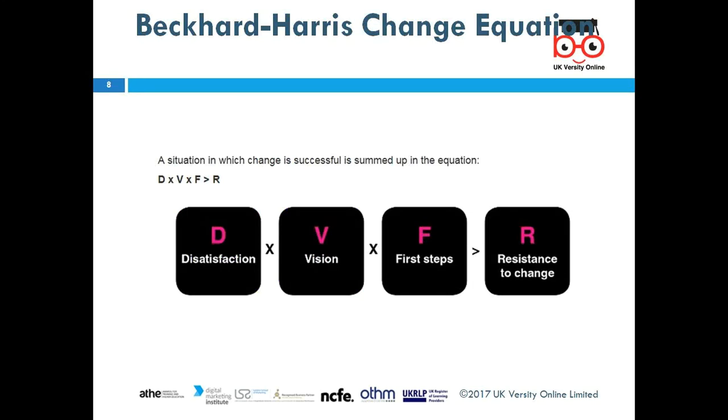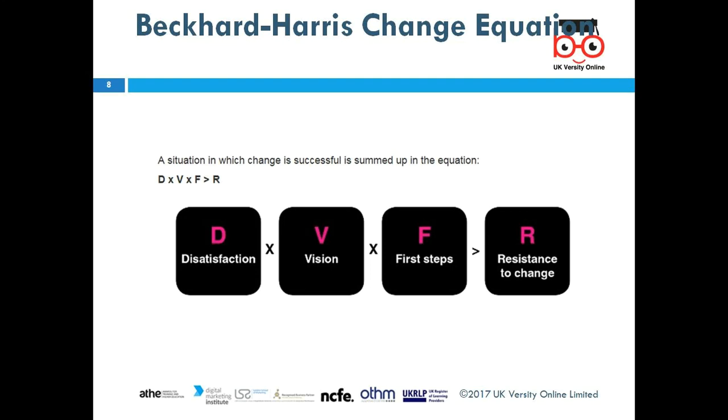Okay, next we're looking at a model of change called the change equation. Packard Harris gave this: a situation in which change is successful is summed up in the equation. First of all, D represents dissatisfaction, V represents vision, F represents first steps, and R represents resistance to change.